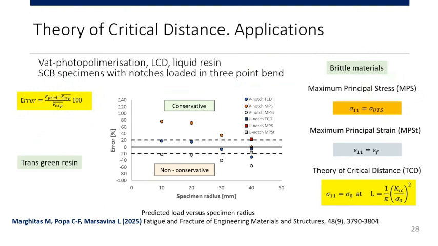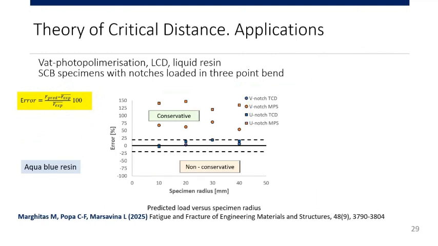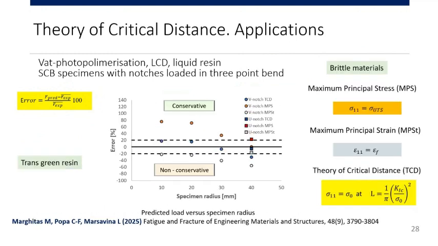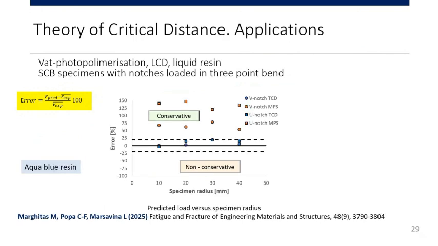We calculate the critical length, and using the theory of critical distance, we come somehow between plus minus 20% and between the classical strength of materials theories. This was for the trans-green resin. For the aqua blue resin, results are also good using the theory of critical distance, compared with the maximum principal stress, which is very, very conservative.